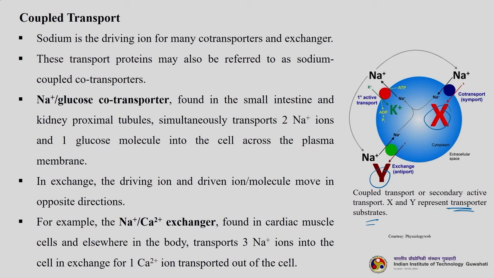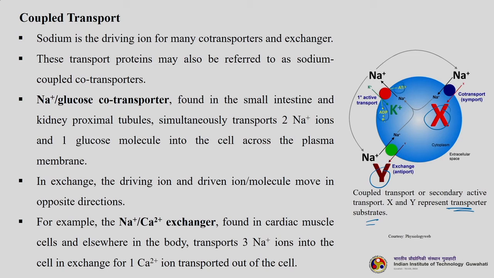Here you can see that sodium is binding and then getting transported inside the cytoplasm, and here sodium is again binding to X and getting transported to the cytoplasm, and here sodium is coming out of the cytoplasm, whereas potassium is getting inside the cytoplasm by supply of certain energy in the form of ATP or ADP.